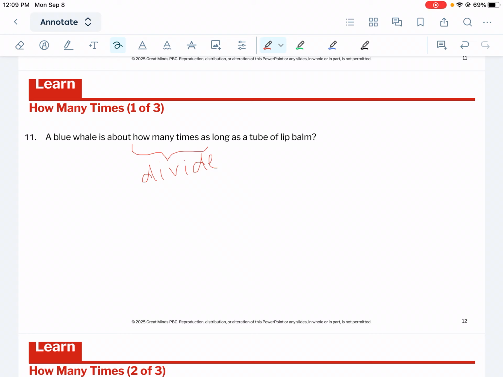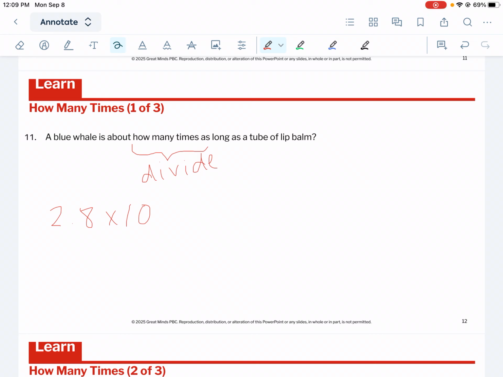Number 11 says, a blue whale is about how many times as long as a tube of lip balm? If you reference the table, which I'm doing in real time, a blue whale is measured at 2.8 times 10. And that's it. 2.8 times 10.